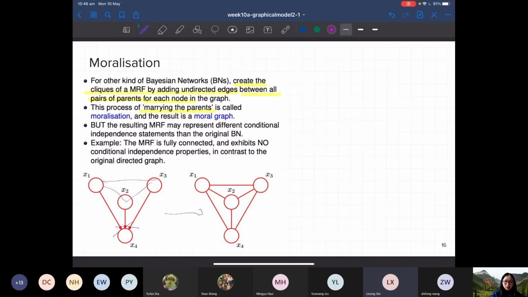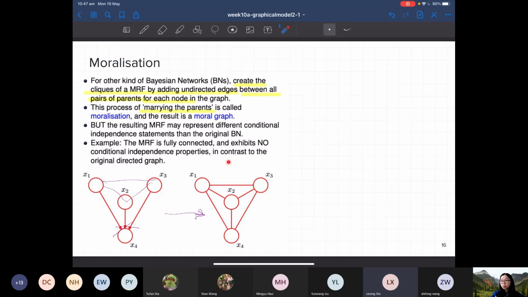For this particular example, moralization actually gives us a fully connected graph, right? So for a four-node graph, this new undirected graph has 6 edges, making it fully connected. We know that the absence of an edge in a Bayes network represents probabilistic structure, but the structure is completely gone here.